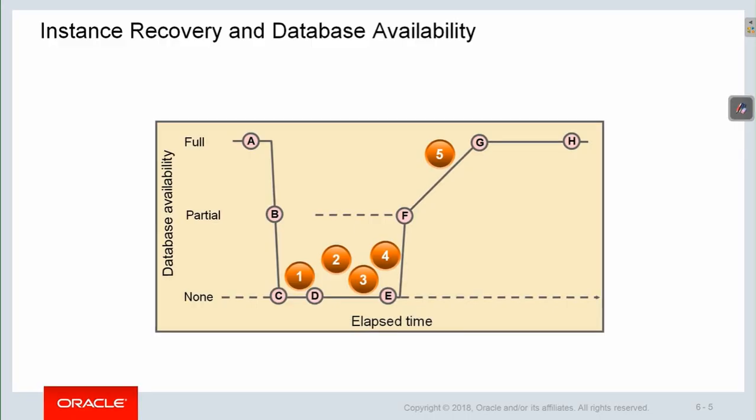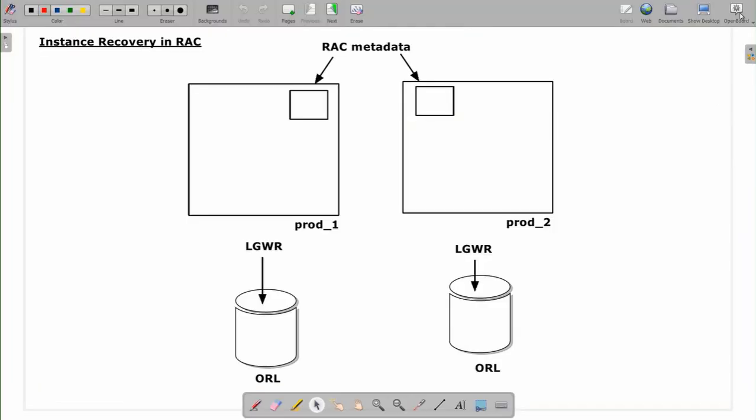What we're going to do here is I will give you the instance recovery concept from my diagram. And this is an example of a two-node RAC database. On the left-hand side, I have a prod1 instance. On the right-hand side, we have a prod2 instance. And also here we have the area where RAC metadata is saved.